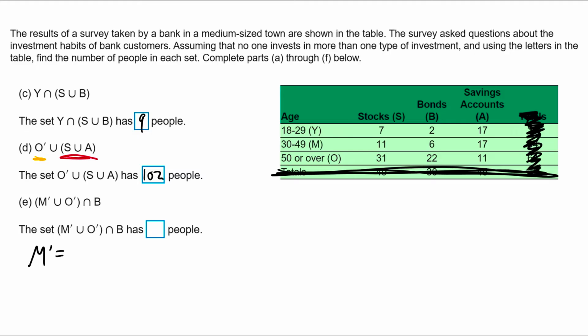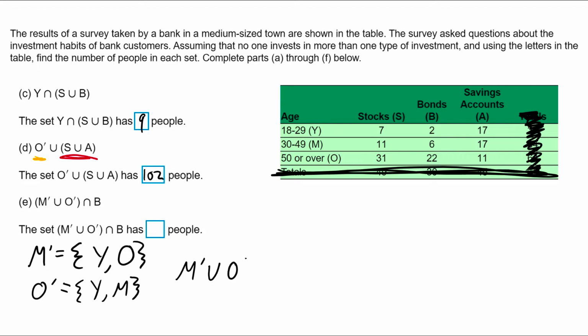M complement would be the things not in M, so that would be Y and O. And then O complement, the things not in O, is Y and M. If we want M complement union O complement, that means we're just putting all of those things together, the Y, O, Y, and M. So we get Y, M, and O. All of those things are either not in M or not in O. So I'm going to put a red box around those things.